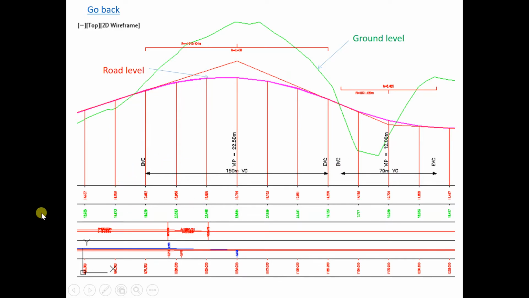This is a vertical curve. There's a percentage here. Probably can't be seen from here, but on the left and on the right you show the slope of this tangent going up, and the tangent going down as well.